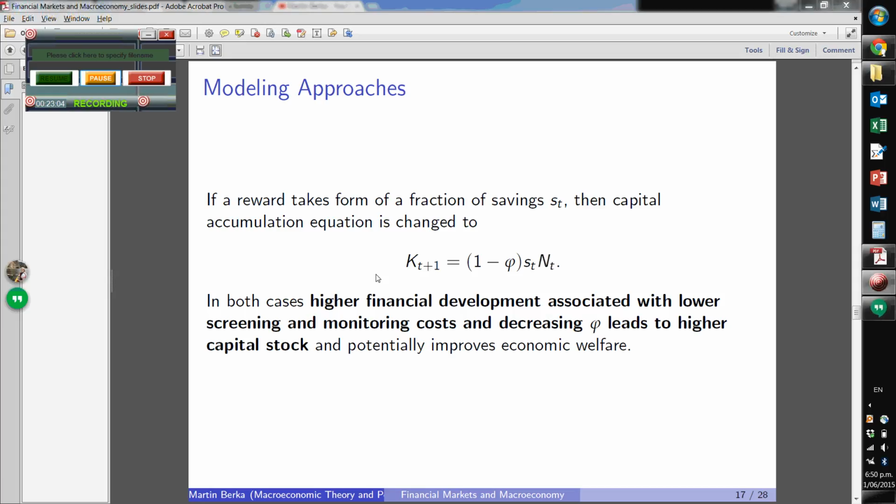Now here, because this monitoring cost lowers the amount of money available to the suppliers or the savers, who are assumed to pay this monitoring cost in order to allocate their money to profitable ends, only 1 minus phi of the supply of funds is actually available for investment.